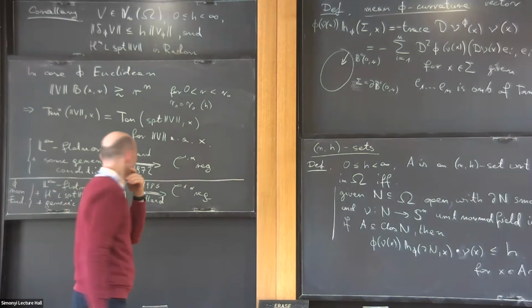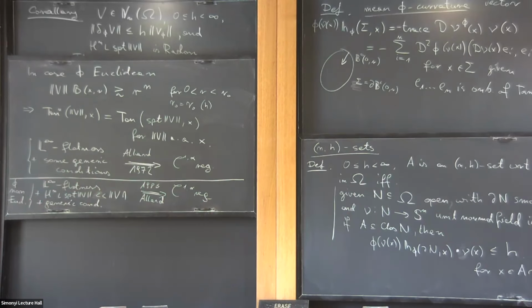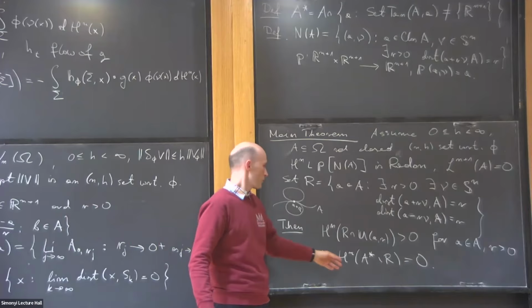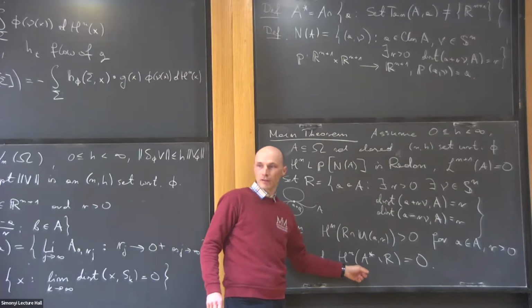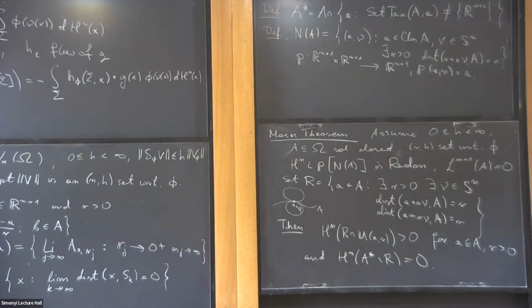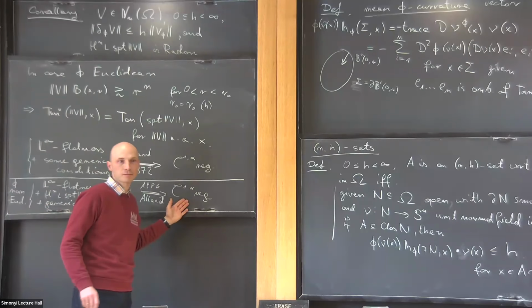And so now you see, if you combine this with my theorem, you have this flatness at almost all points of A star. And this actually allows you to say that almost all points of A star are C1 alpha regular.